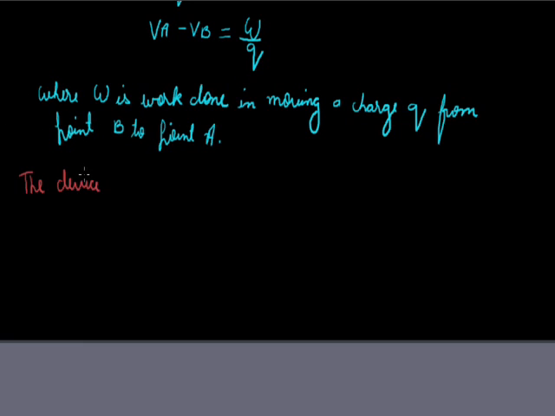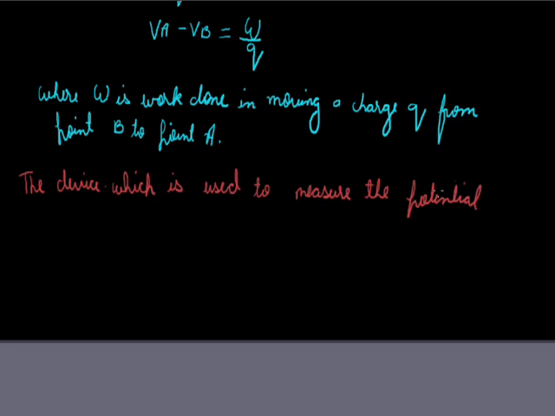The device which is used to measure the potential difference is voltmeter.